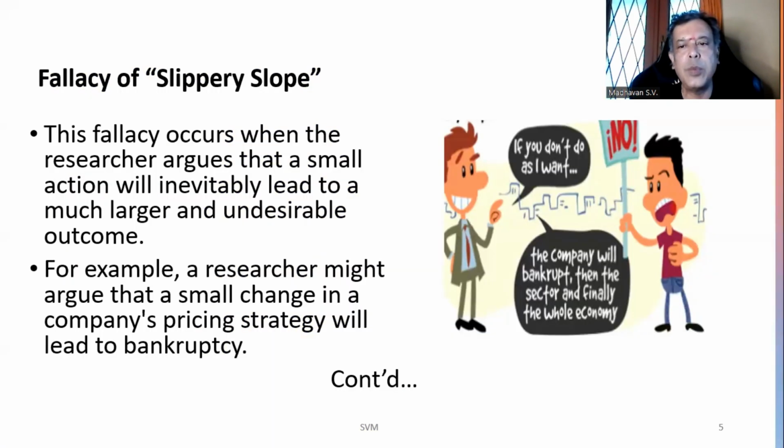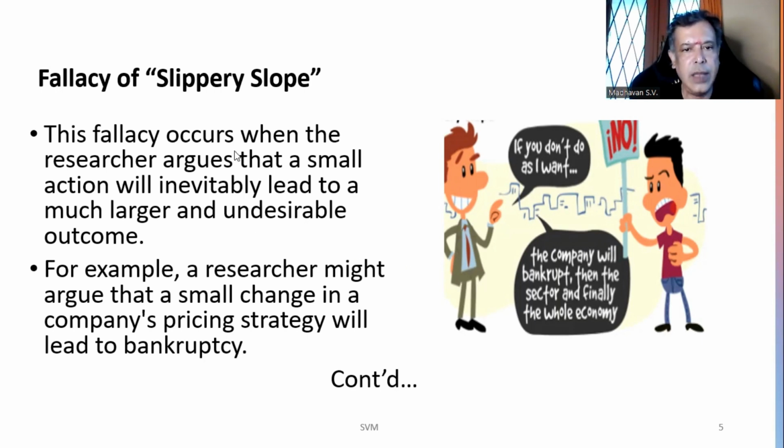Fallacy of slippery slope. So here you may notice this picture. This person is saying that if you don't do as I want, the company will be bankrupt. Then the sector and finally the whole economy. He says, if you don't listen to me, first the company will become bankrupt, then even the sector will become bankrupt, and then finally the whole economy also will go down.